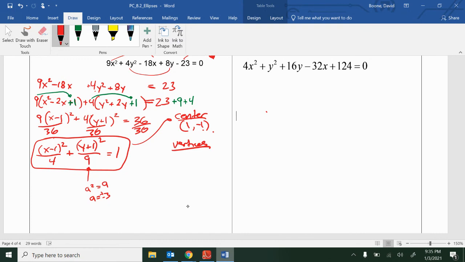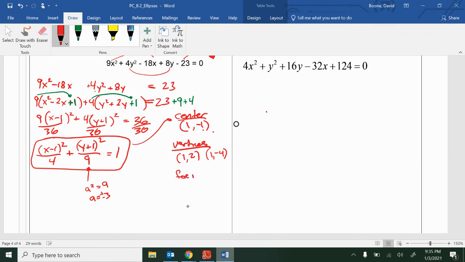So I'm going to add 3 and subtract 3 to this y value. So 1, if I add 3 to that, I'm at 2. If I subtract 3 from that, I'm at 1, negative 4. So those are my vertices.